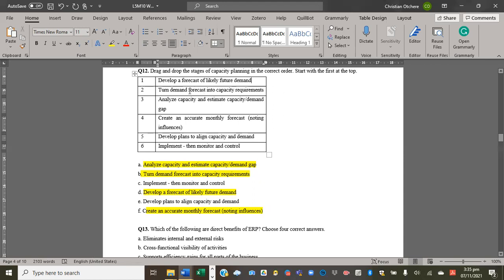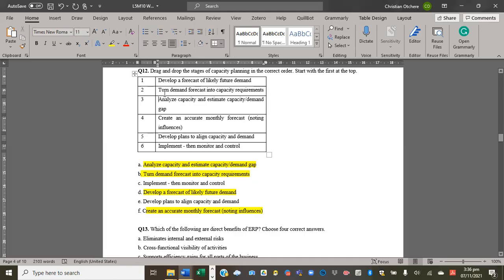Then before we turn demand forecast into capacity requirements, there should be a forecast. Because what's the forecast? There should be a monthly forecast first. So we first have to create a monthly forecast before we turn it into demand forecast.